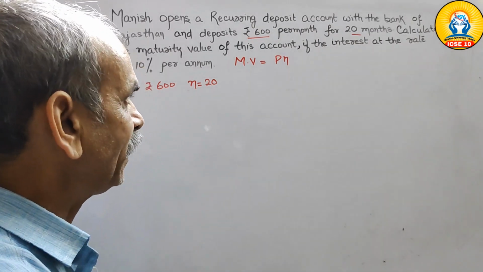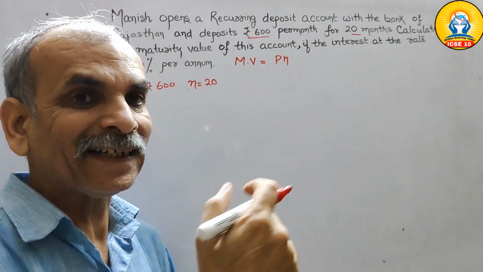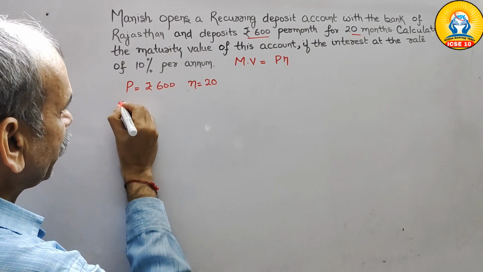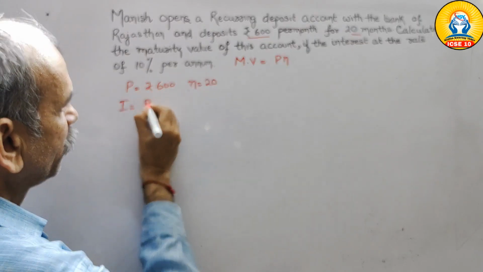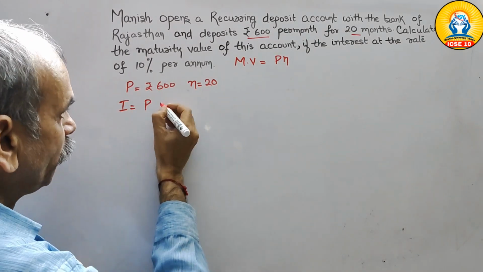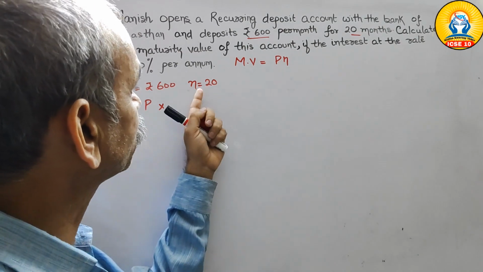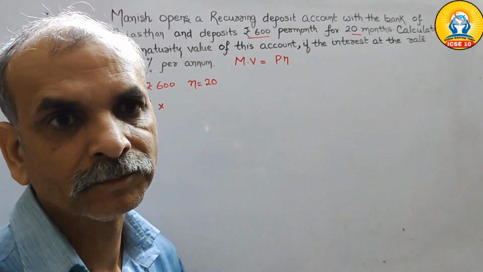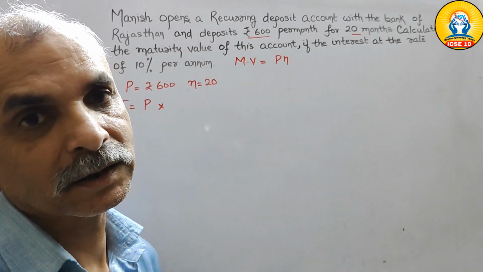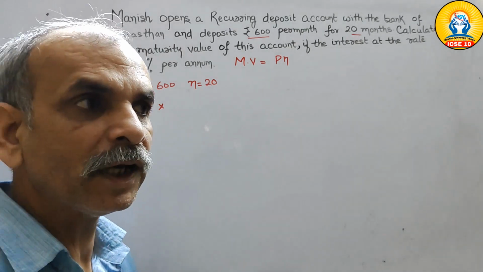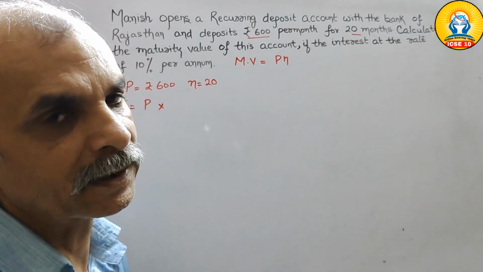Second, we have to calculate the interest. So interest is calculated by P, principal, into the sum of the months. Here 20 is there. The sum of the months we have learnt in our 10th class only.